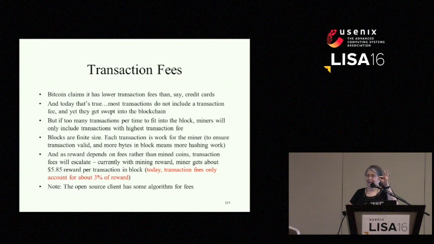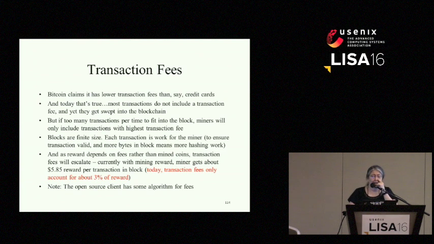Every transaction is work for the miner, because you have to do all of this hashing, and hashing over a smaller amount will be less work, especially since you have to do it 2 to the 70th times. Every byte matters. And as the reward depends on fees rather than the block reward, the transaction fees are going to have to rise to compensate for the lack of reward.